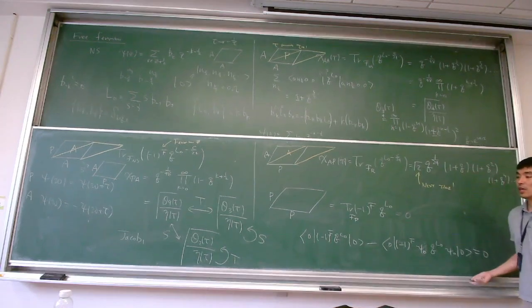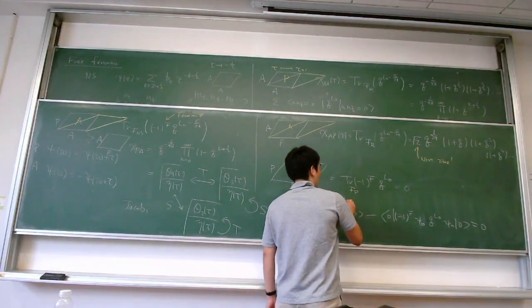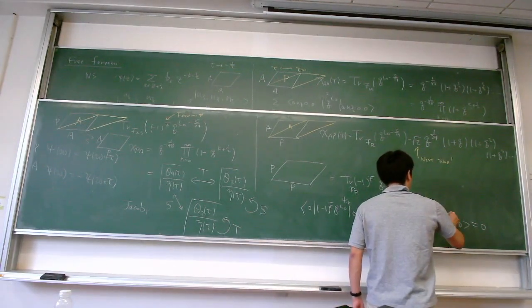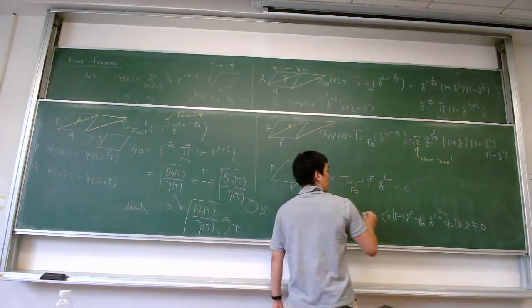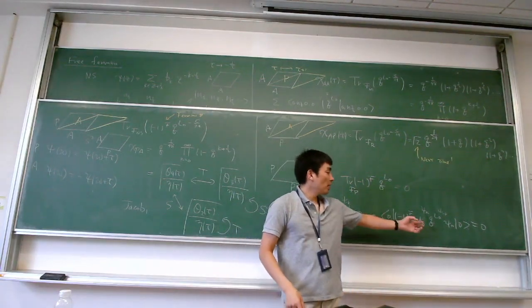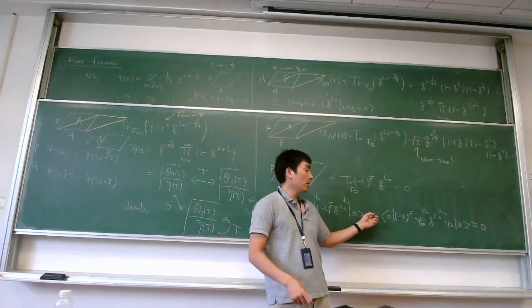And you can act on many things. You can act on psi minus k, psi k, and so on. Always, if you have a zero mode, you get a minus sign, and the energy is the same.